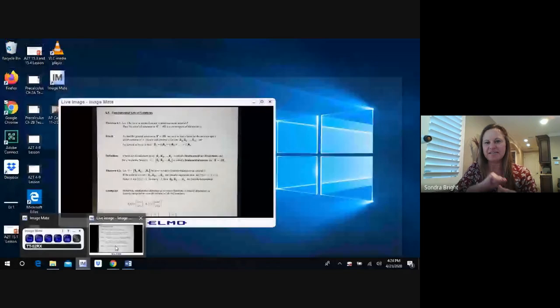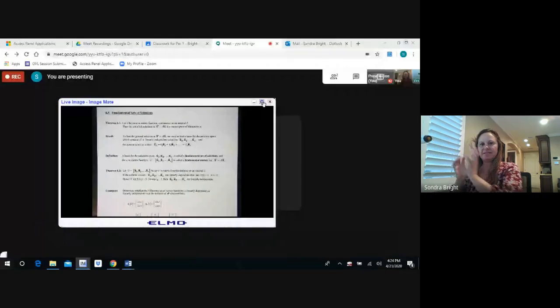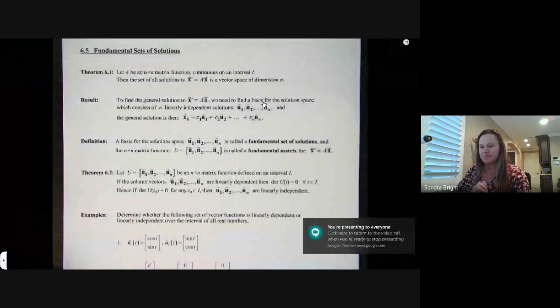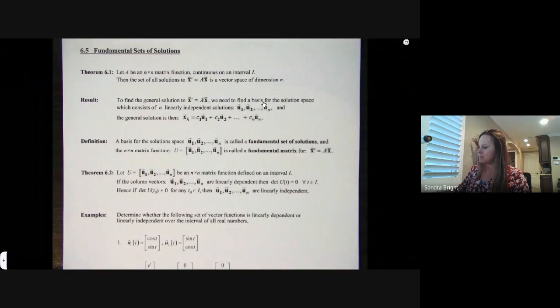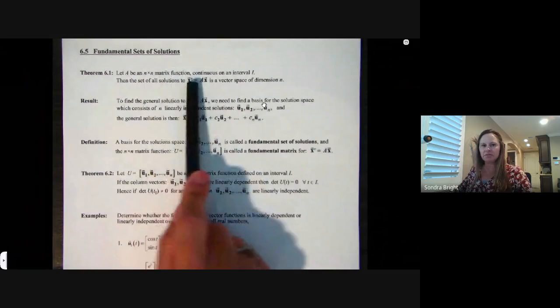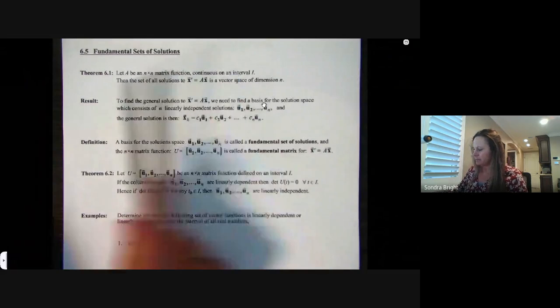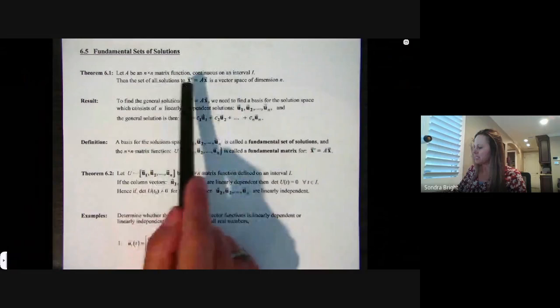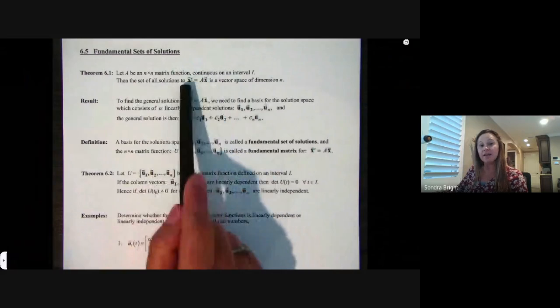All right, today is section 5, fundamental sets of solutions. If we let A be an n by n matrix function continuous on an interval I, then the set of all solutions to x prime equals A times x is a vector space of dimension n.